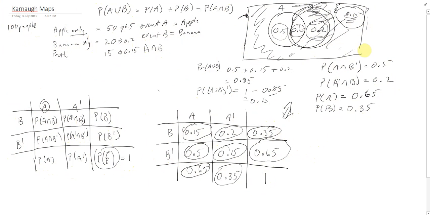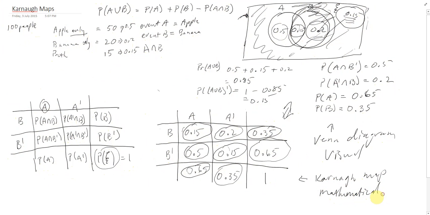In my opinion, the Venn diagram is more visual, and the Karnaugh map is a bit more mathematical, I think. So whichever approach you like better, that's the one you can use.